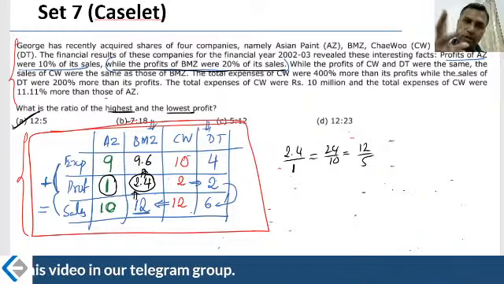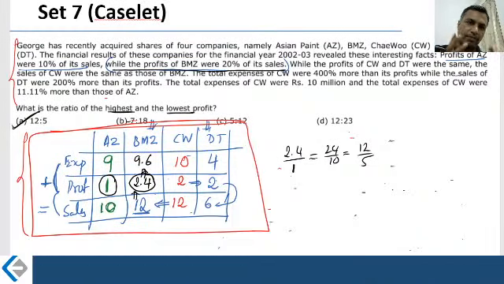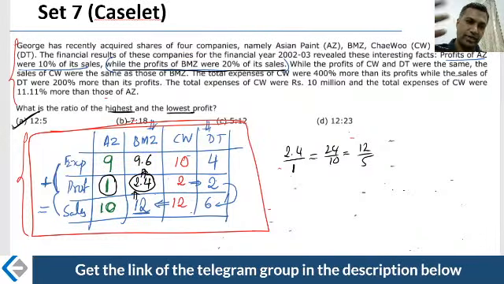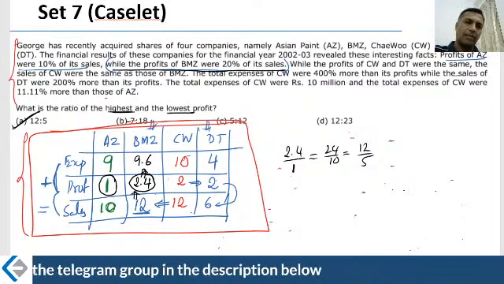Then we came to pie charts, where we talked about the abstract nature of data and per angle percentage conversions. Then we came to this caselet, its importance, and how we look at a caselet. That's about today's lecture.